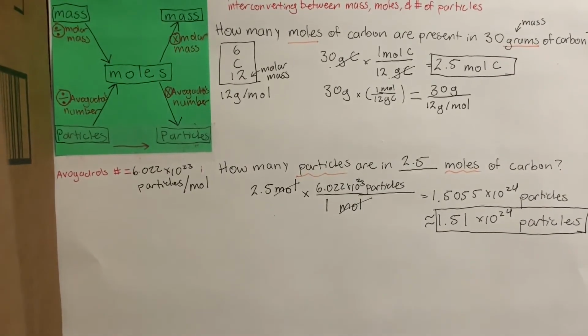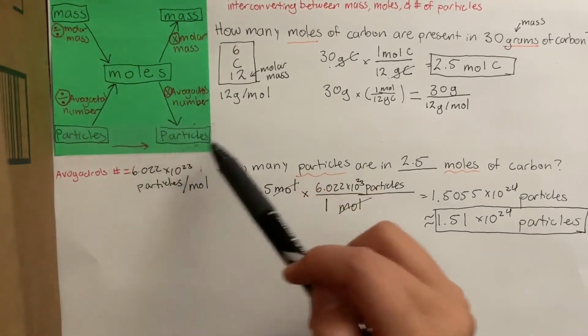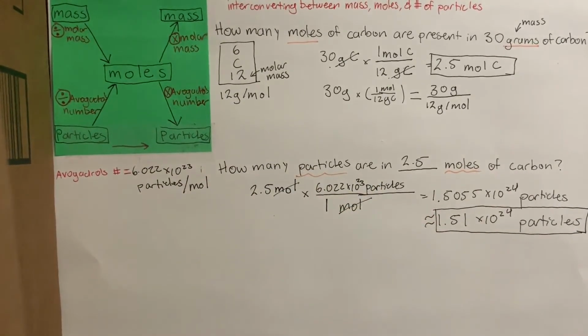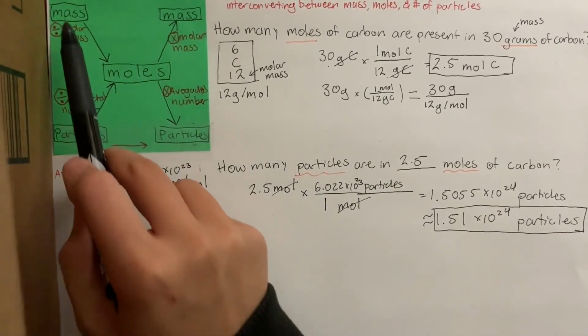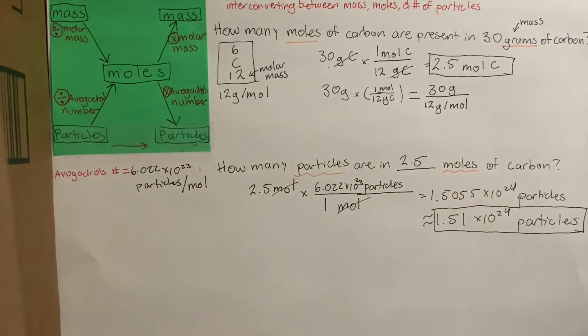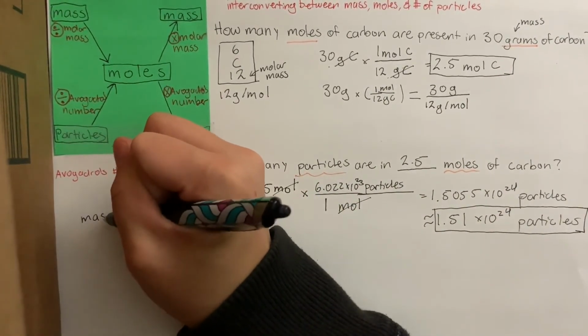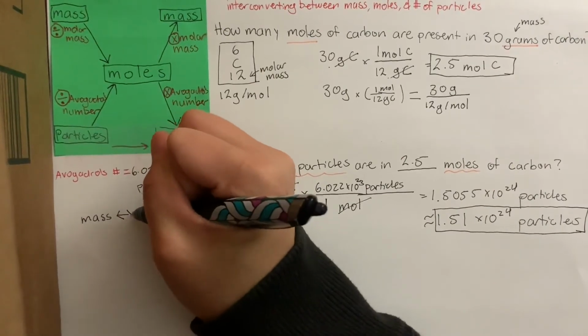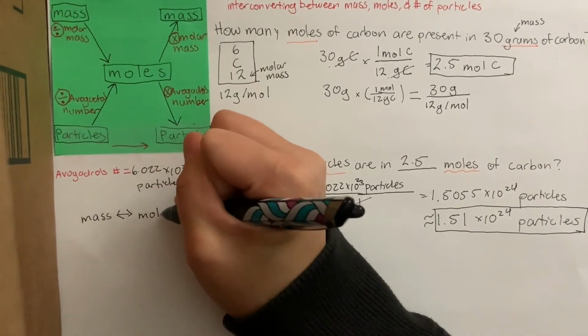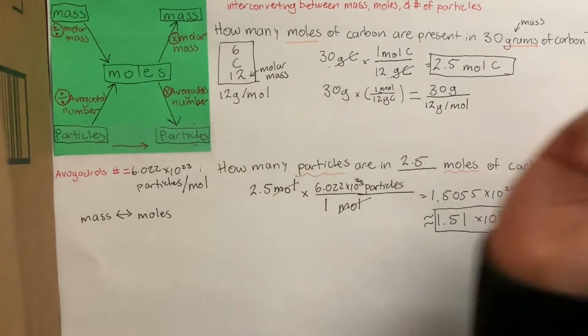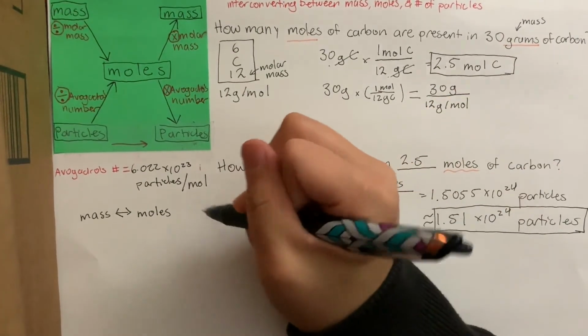The most important things when converting between mass, moles, and particles are what conversion factors you want to use. So when you're converting between mass and moles, the conversion factor is the molar mass.